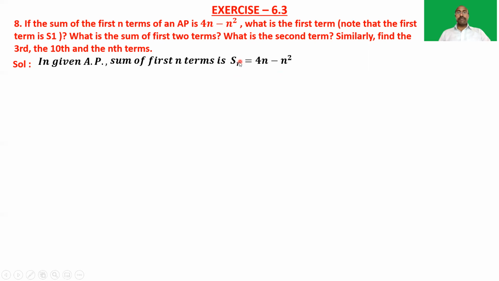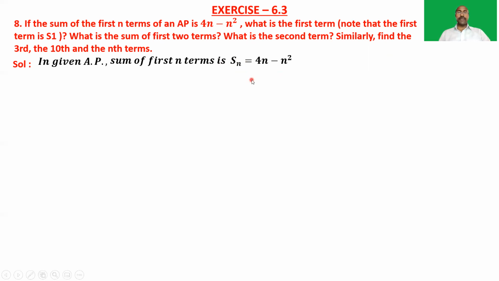By substituting 1 in place of n, we get S1, which is equal to A1, that is the first term. And by substituting n is equal to 2, we get the sum of the first two terms, that is S2. Similarly, by substituting 3 and 4, we get the sum of the first three terms and four terms.